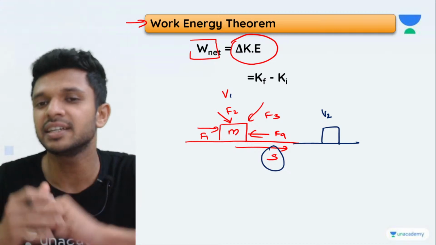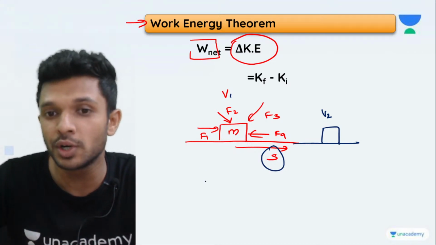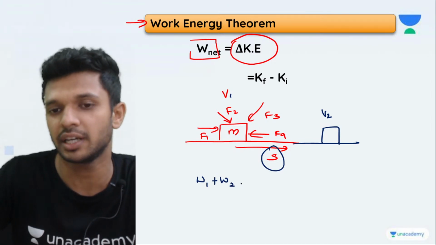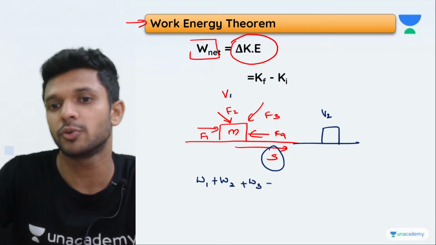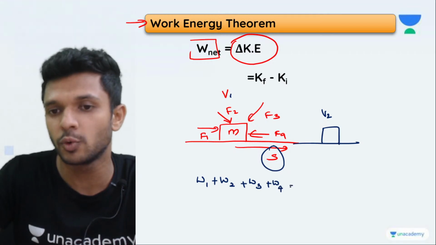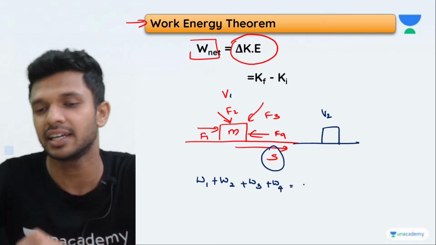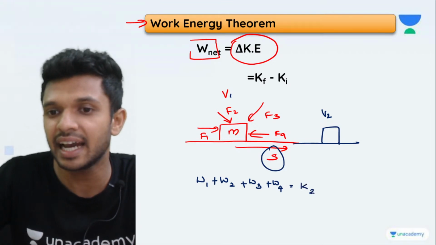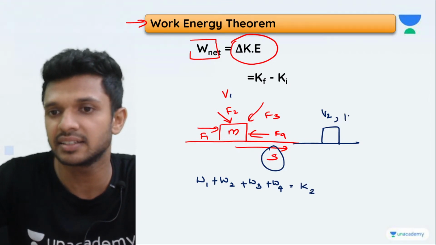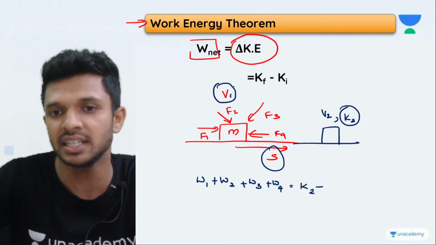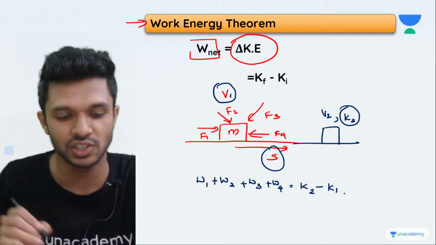So the work energy theorem tells us that the total work done by force 1, plus work done by force 2, work done by force 3, plus work done by force 4, is equal to the change in kinetic energy, which means final kinetic energy minus initial kinetic energy. Let's say when the particle is here, the kinetic energy is K2, minus when the particle is initially, we call it kinetic energy K1.